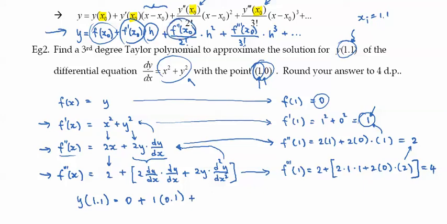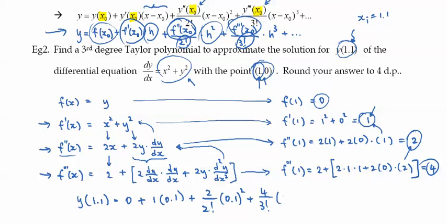the second derivative divided by 2 factorial, times the square of your step length. And as you continue, triple prime, that's 4, divided by 3 factorial, times 0.1 cubed, that's the third degree Taylor approximation.